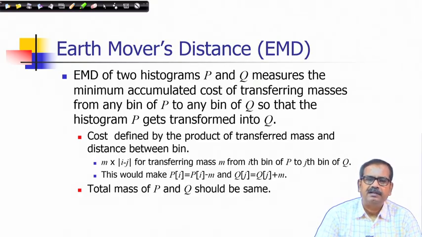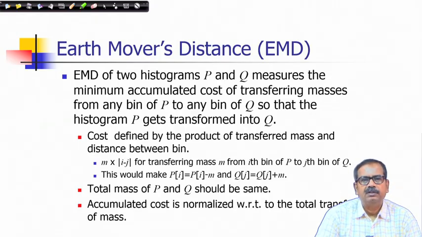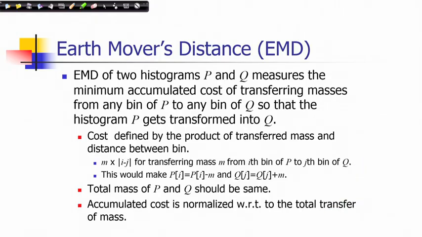So, what is the minimum cost operation, the accumulated cost operation? This accumulated cost should be normalized with respect to the total transfer of mass, that is the measure.